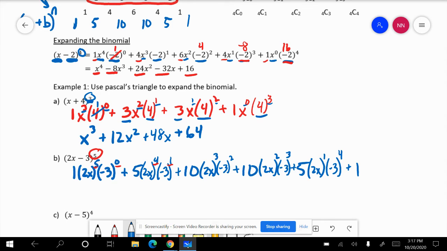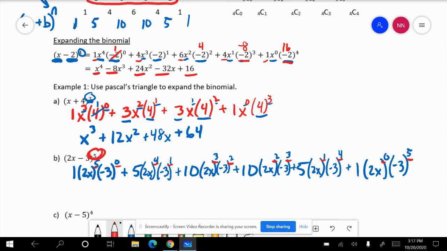And our last one, 2x to the 0 and negative 3 to the 5. Once again, notice these exponents are all adding up to 5, and they'll always add up to whatever our degree is if we're doing it correctly.